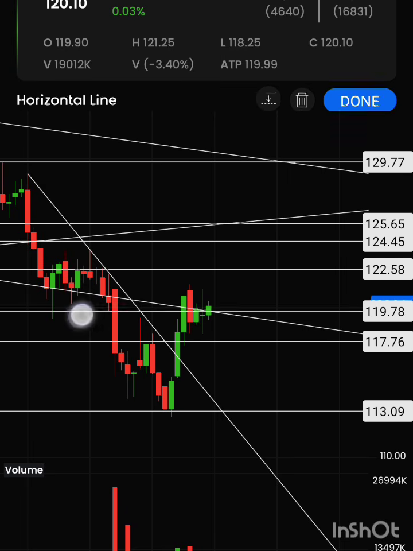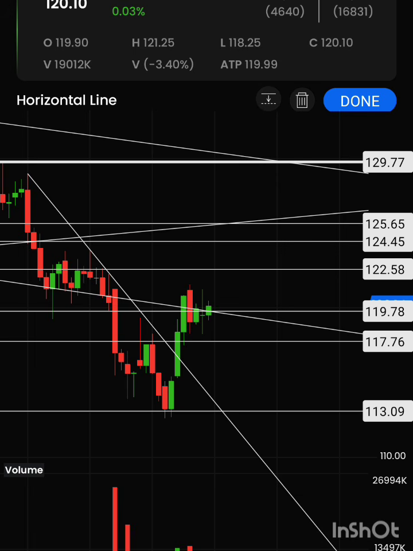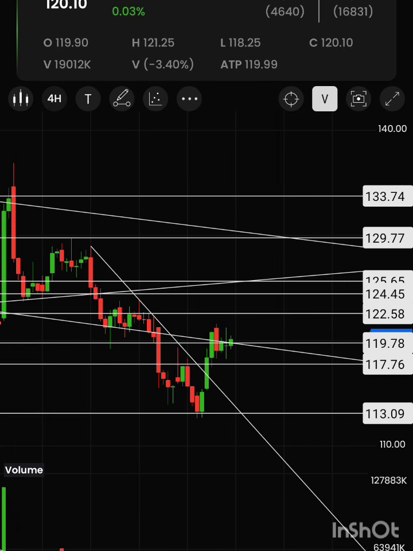The stop loss you can keep here 119.4 or something if you are taking a position at 122.6 range, and this can lead towards here 129 to 130 range. The movement inside is an inverted head and shoulder pattern. Sometimes it will not come here, but it can move directly this way. So these are the levels you can play with in IRFC.